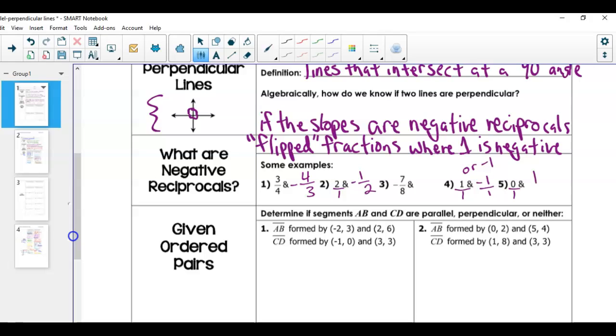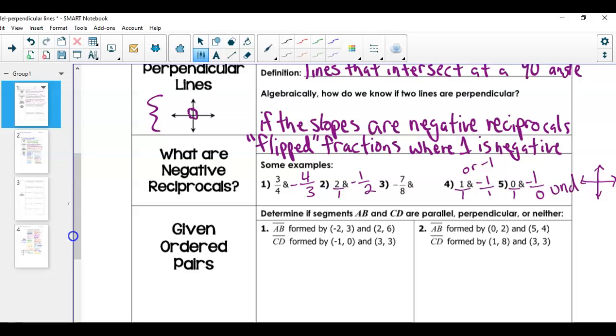If I flip 1/0, and let's say I make it negative, well, anything over 0 is undefined. So I can say that 0 and undefined are perpendicular lines. And if we think about how that looks graphically, lines that have 0 slope are horizontal. Lines that have undefined slope are vertical. And they intersect at 90-degree angles.